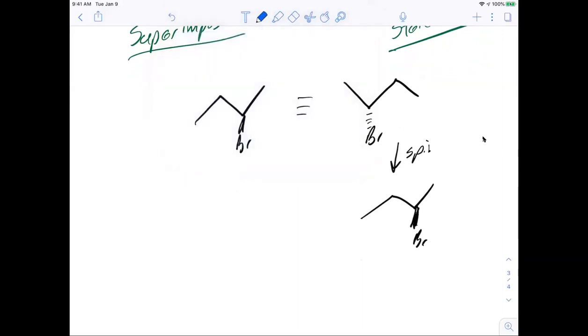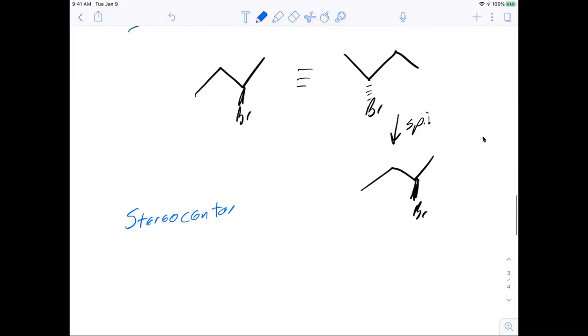To have a stereocenter, we need a position where we can have differences. One of those is if we look at a double bond.